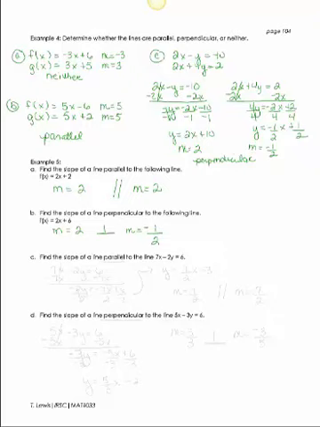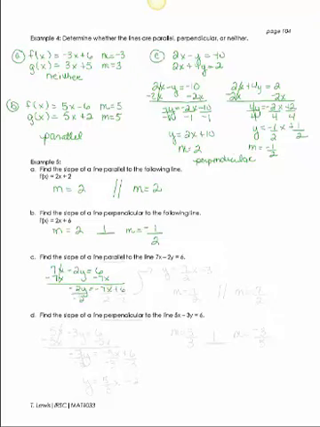Letter C. Find the slope of a line parallel to the line 7x minus 2y is equal to 6. So we have here an equation where we want to find the parallel slope. So we're going to take the 7x minus 2y equals 6 and solve for y. So we're going to subtract 7x from both sides. Negative 2y is equal to negative 7x plus 6.